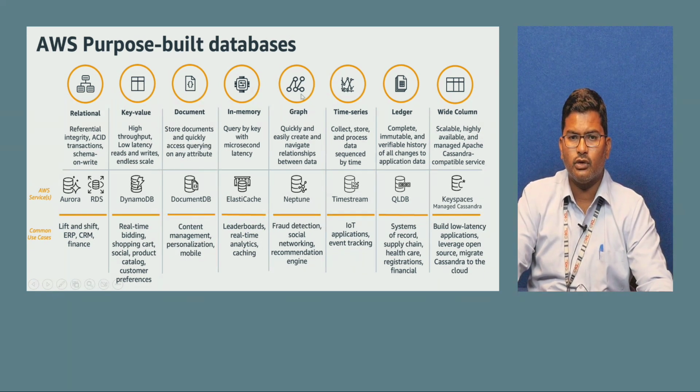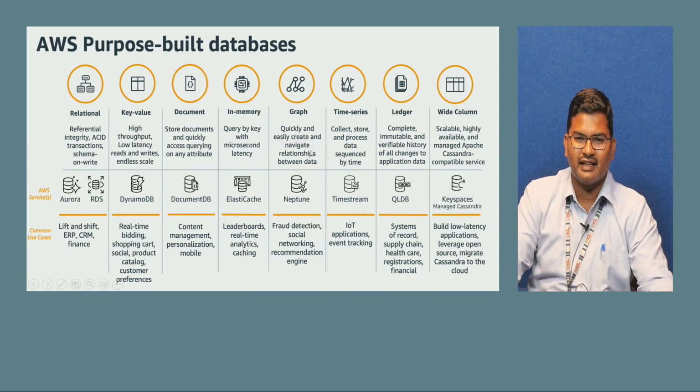Coming to the graph, this is how exactly the information is going to be stored, and you can quickly and easily create and navigate relationships between the data. This is also one of the most frequently asked questions in examinations, that is Neptune. It is mostly useful for fraud detection, social networking and recommendation engines.